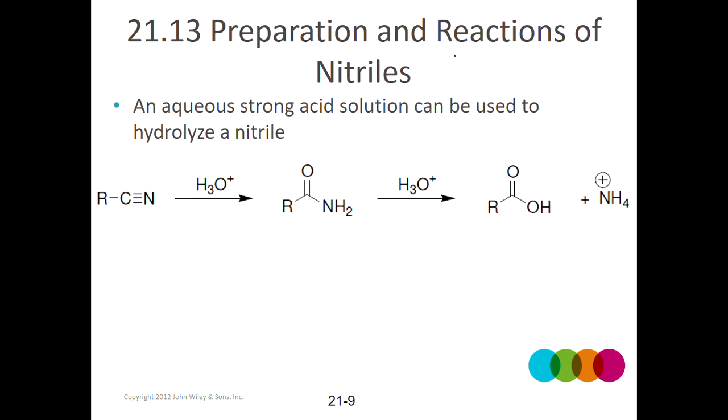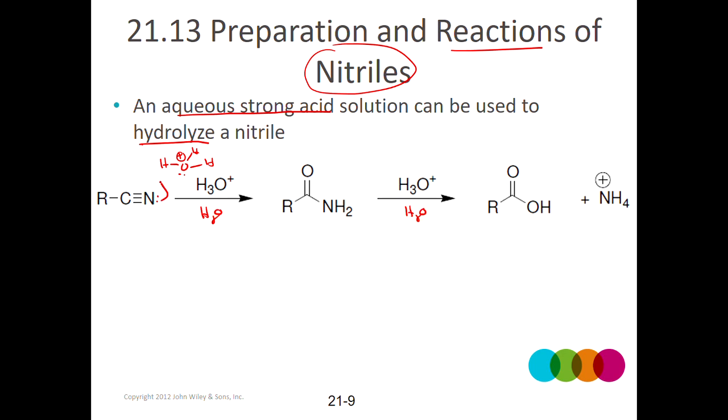But what about reactions of nitriles? One of the main reactions that nitriles undergo that you want to be familiar with is hydrolysis in an acidic solution. What happens here is this nitrogen's lone pair is somewhat basic. It can pick off a proton from an H3O+. So I'm using H3O+ and water here.